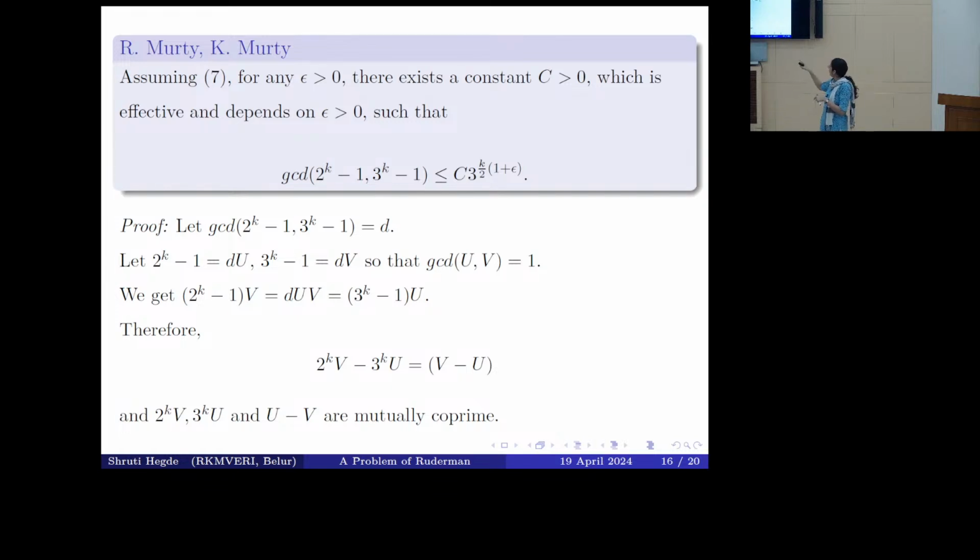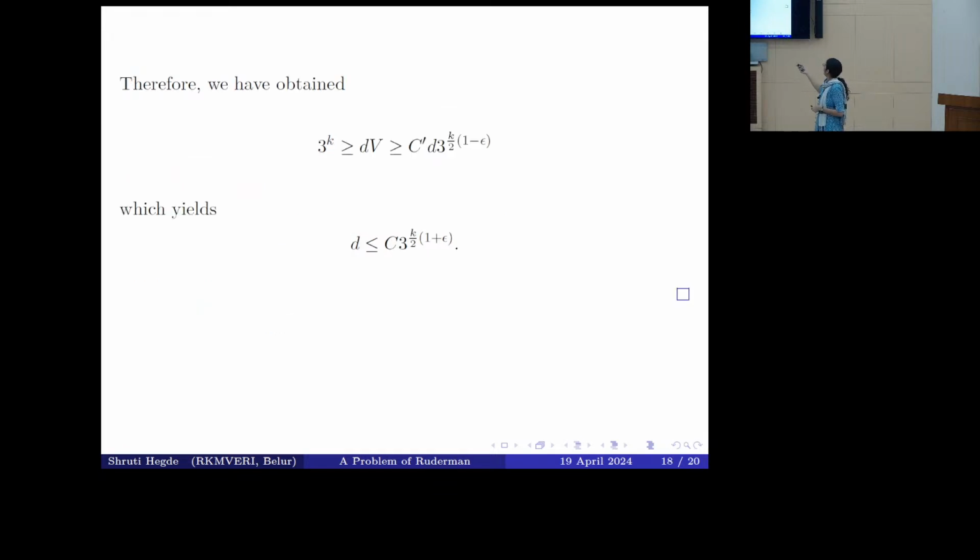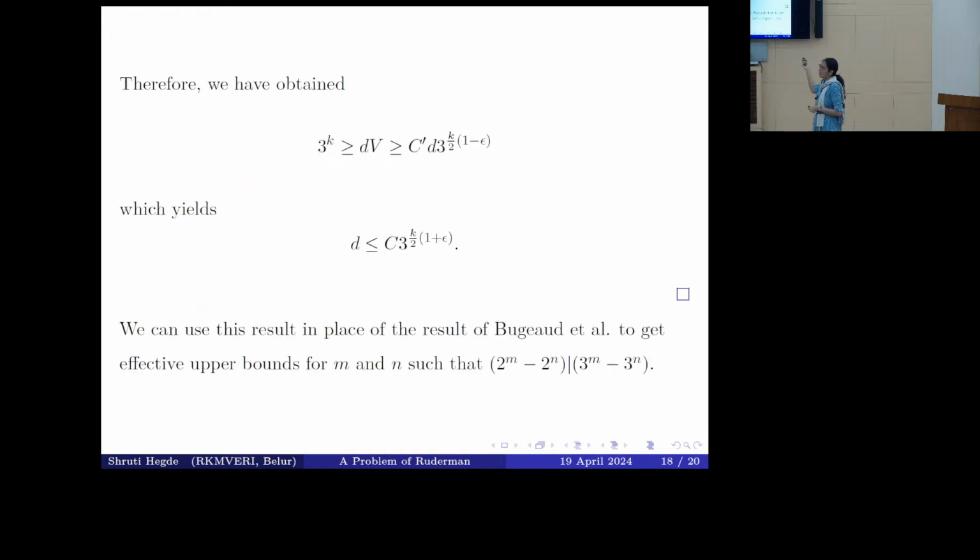It is in the form A plus B is equal to C, right? And A, B and C here will be mutually co-prime because U and V themselves are co-prime. And now we can use the ABC conjecture and do some calculation, and that will give us the required form.